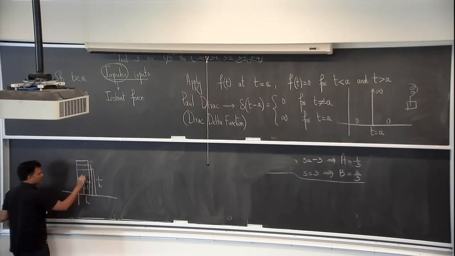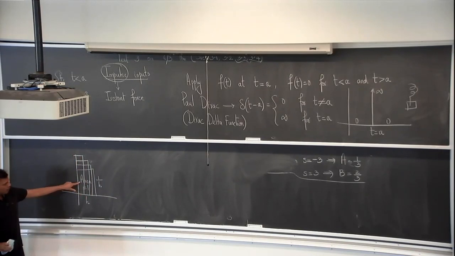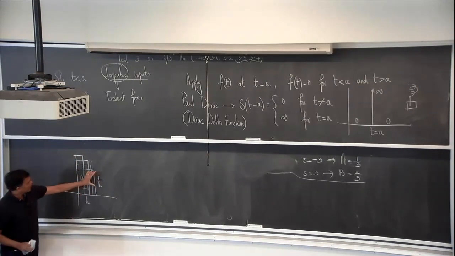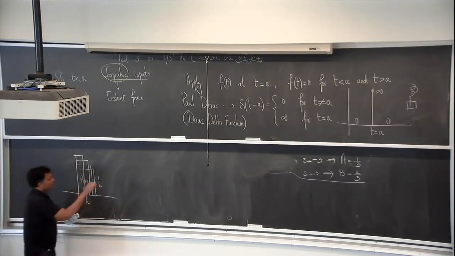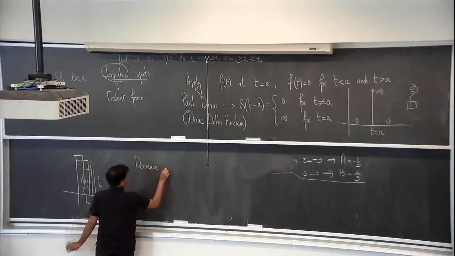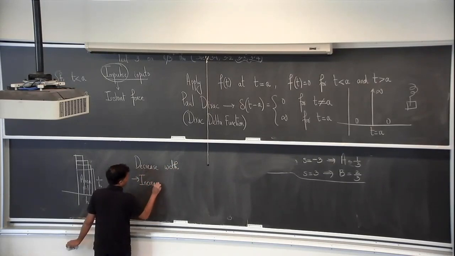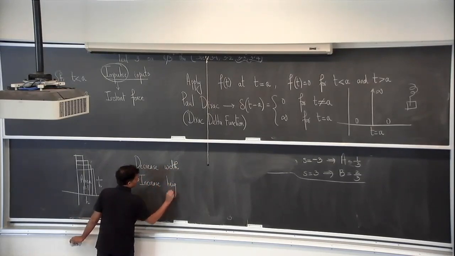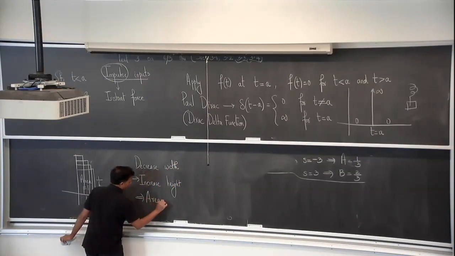Reduce the width even more. Each time you reduce the width of this rectangle and keep the area equal to 1, the height has to increase proportionately. So decreasing the width means you have to increase the height so that the area is maintained at 1.